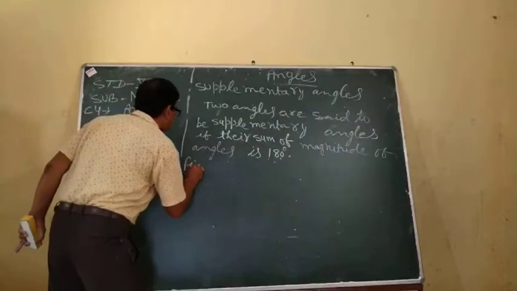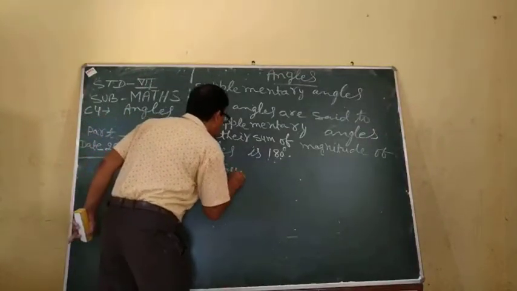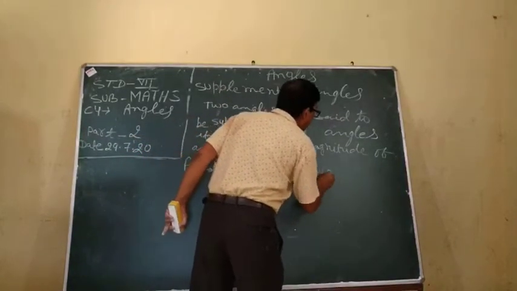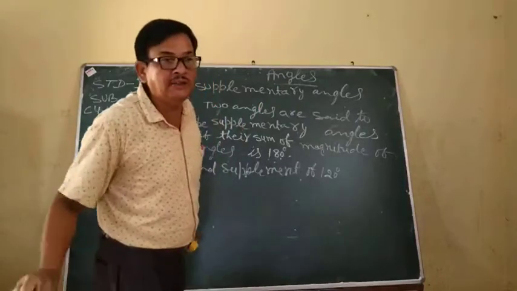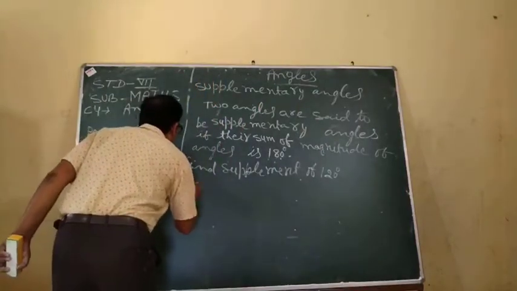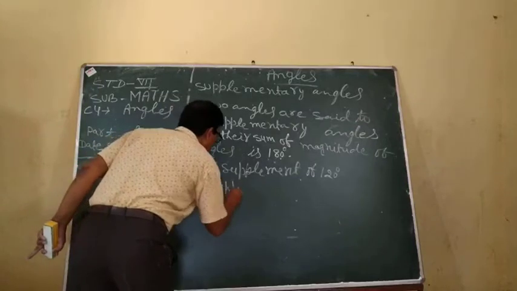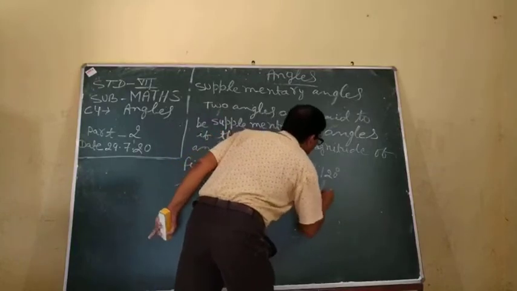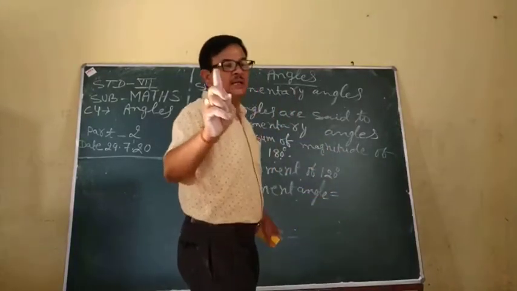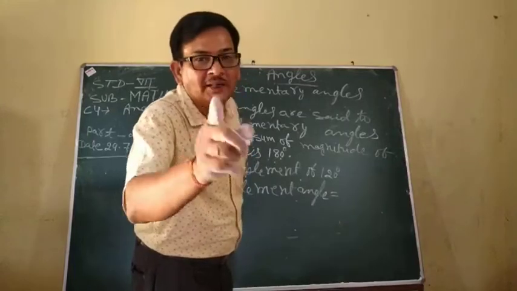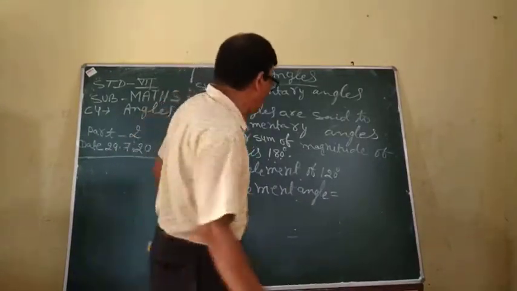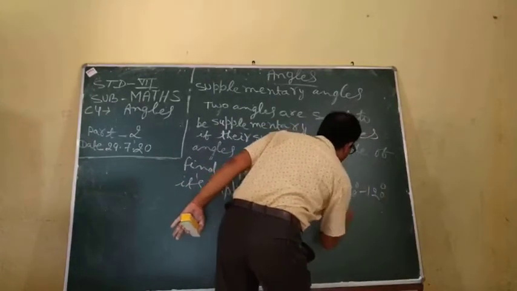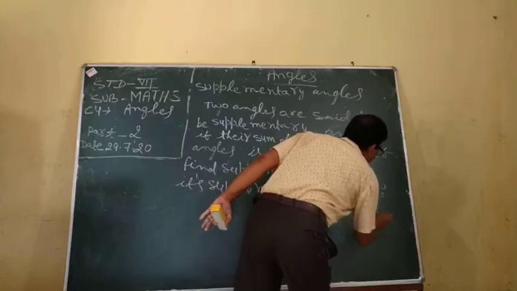Find the supplement of 120 degrees. As I have given you, if the sum of two angles is 180 degrees, then it is called supplementary angles. So 180 degrees minus 120 degrees. What is your answer? 60 degrees is your answer. Now understood?